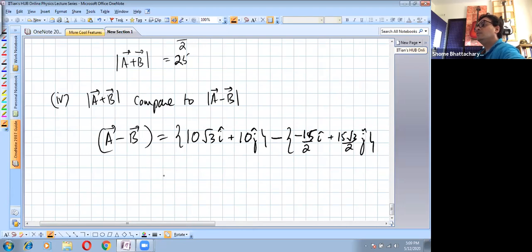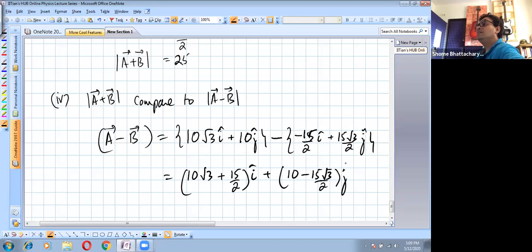So this time when we do it, we get 10 root 3 minus minus plus 15 by 2 i cap plus 10 minus plus, so that's minus. It's a very interesting thing that this vector has the exact same magnitude as the vector A plus B. When you work it out, you will see it will come out to be 25.